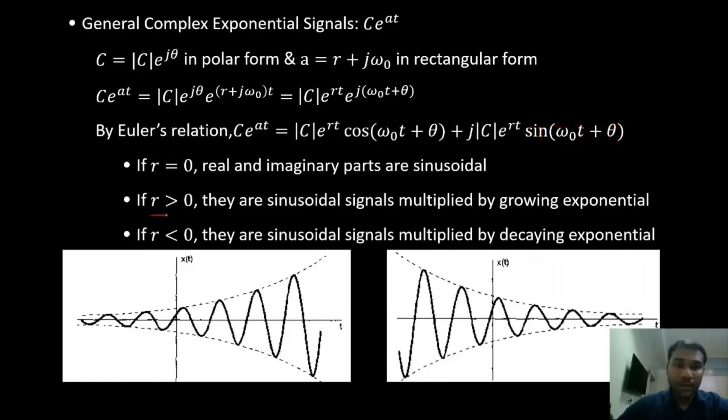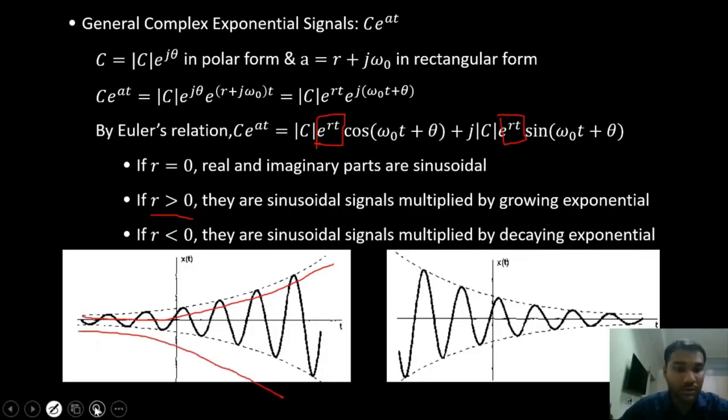Now, if r is greater than 0, what is this part? E power rt is a growing exponential. So the real part will be a cos signal multiplied with a growing exponential. This is a growing exponential, right?